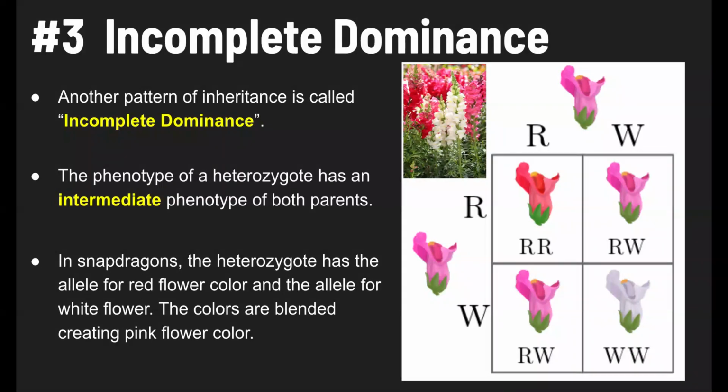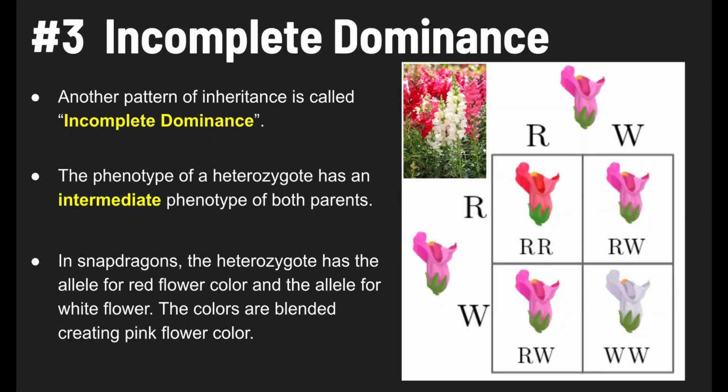But unlike the roan cattle, the heterozygote doesn't have patches of red and patches of white. Instead, with incomplete dominance, those 2 colors blend together to make a new color, pink. When you mix red with white, you get pink. So the heterozygotes in this case, this flower and this flower, will be pink. That's an example of incomplete dominance.